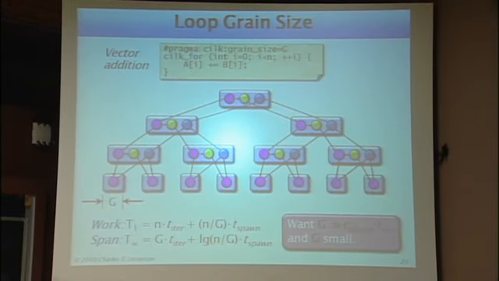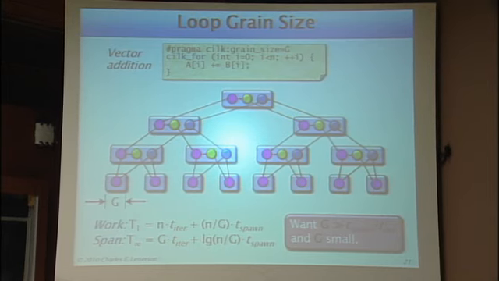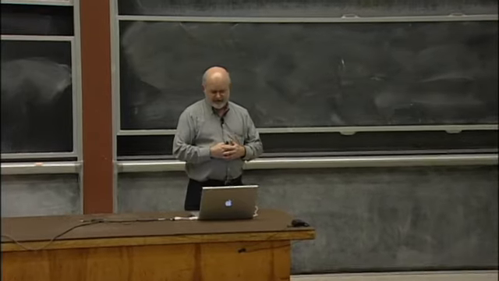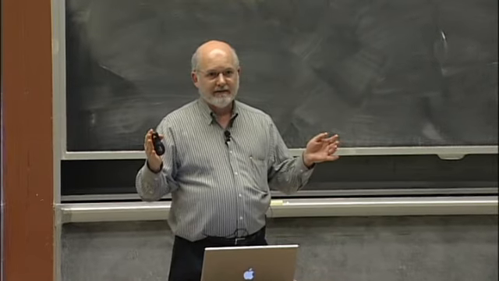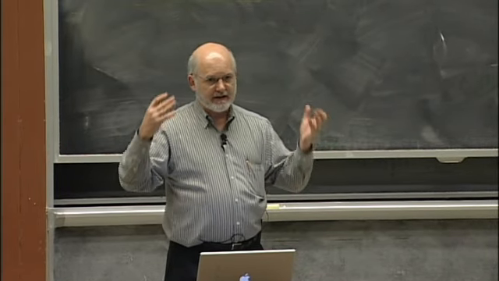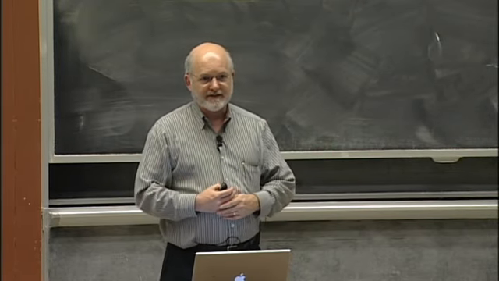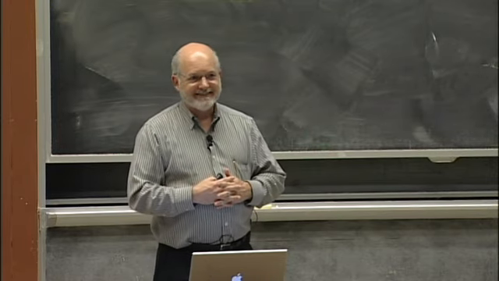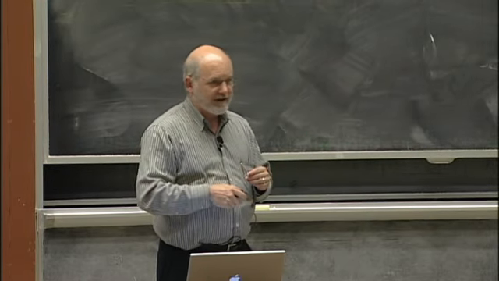So basically, we pick a grain size that's large but not too large, so that you have enough parallelism. The runtime system uses a somewhat complicated heuristic: it looks at how many processors you're running on, and makes sure there's at least ten times more parallelism than the number of processors. But there's no point in having more iterations than about 500, because at 500 iterations you can't see the spawn overhead regardless.